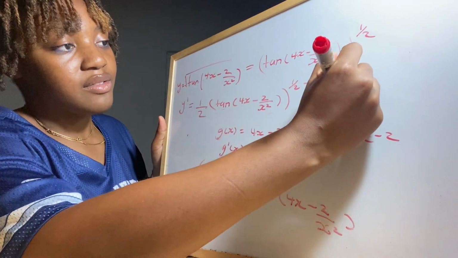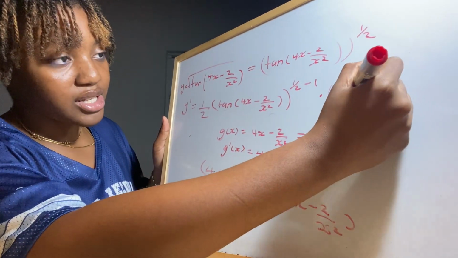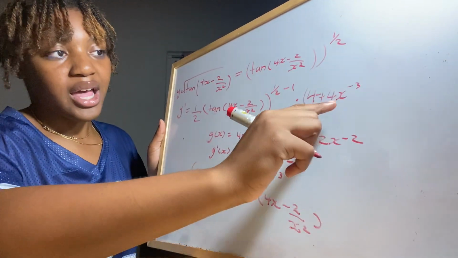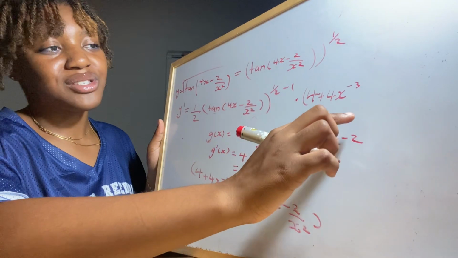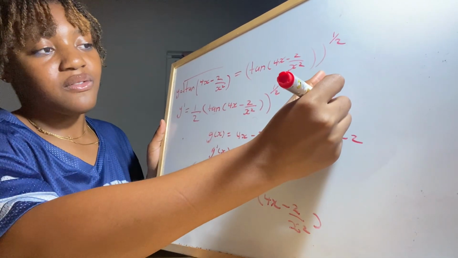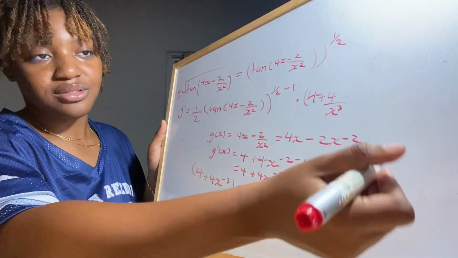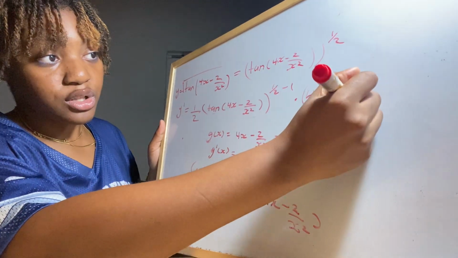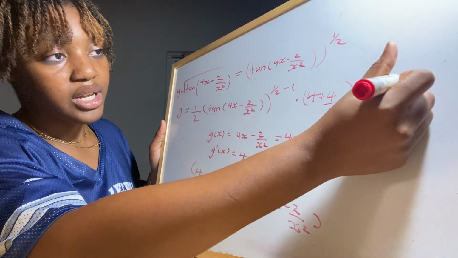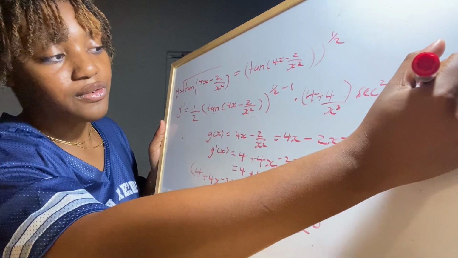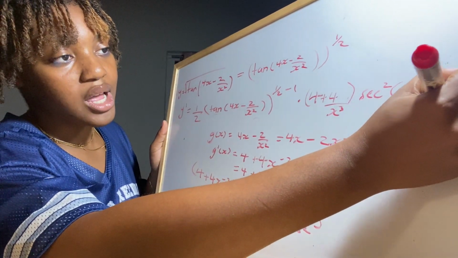I'm going to put times (4 + 4x^-3) in brackets, which I can rewrite as 4 + 4/x^3 using the indices law, then close the bracket and have sec^2, and then f(x), which is right here, 4x - 2/x^2.